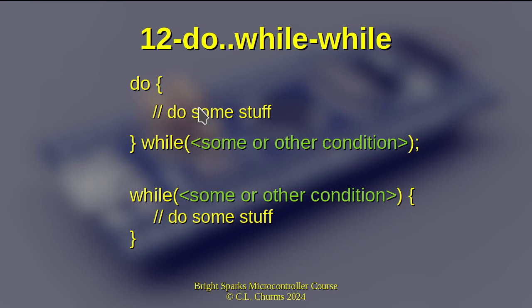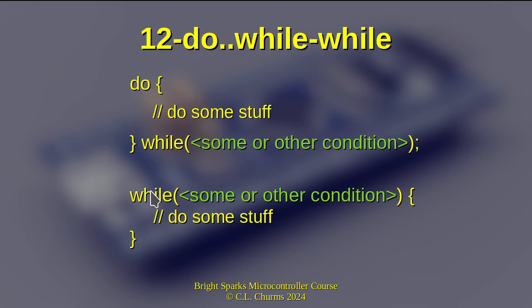And then we can flip it around, because here we're going to do the do loop at least once. There are no questions being asked before we enter here. What if we don't want to do it at least once?